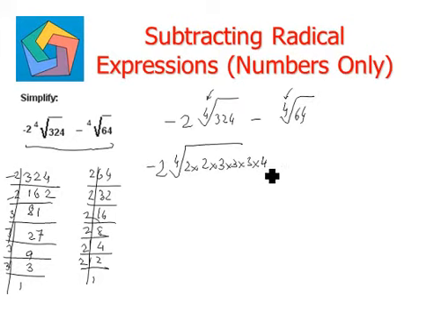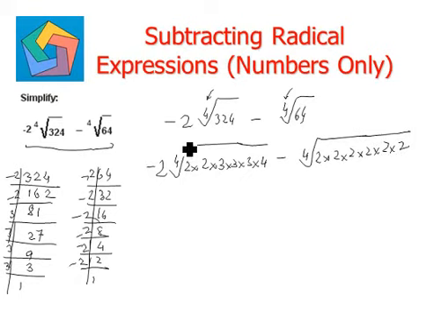Minus fourth root of 64 has 1, 2, 3, 4, 5, 6 twos. Since our index is 4, we can make groups of 4. This is a 3 out here, 4 threes and 4 twos.